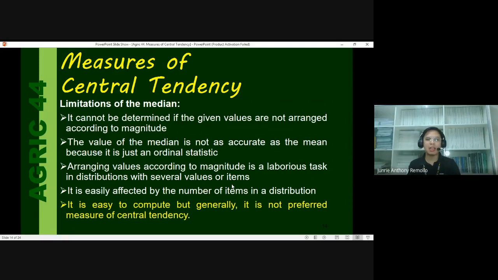So that is the sad part of the median, because it may be tedious or laborious to obtain such value if there are several items. And it is easily affected by the number of items in a distribution. It is easy to compute, but generally, it is not a preferred measure of central tendency.